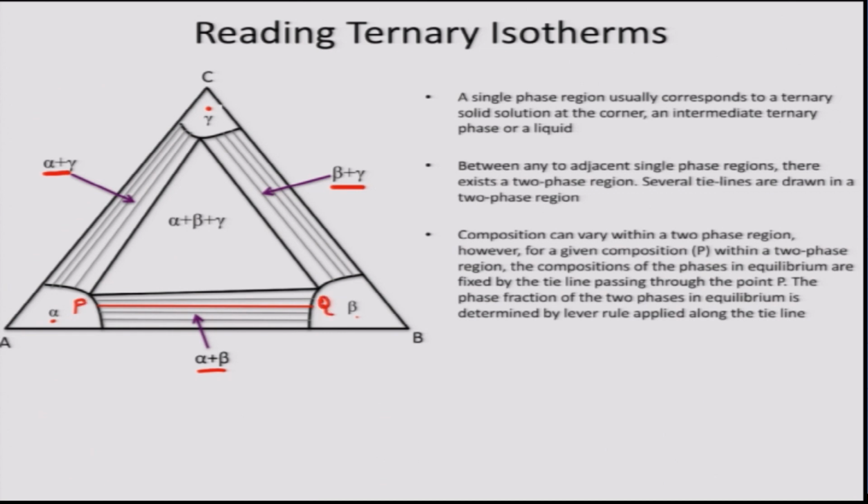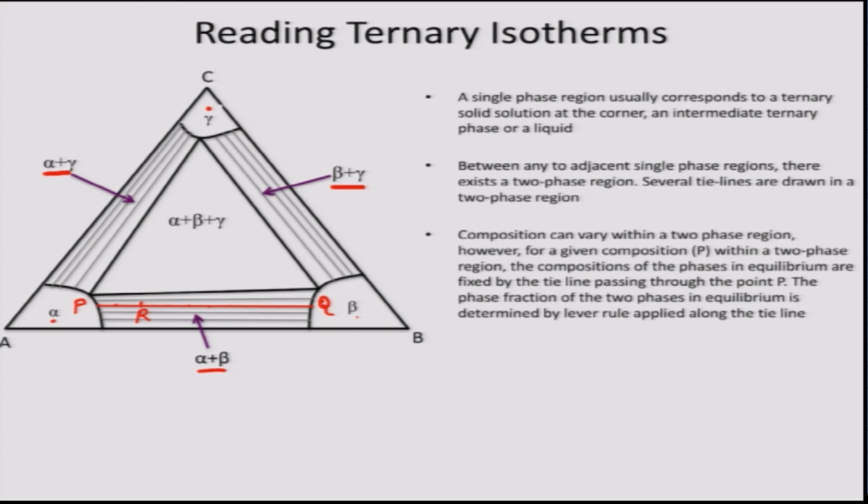If you select any composition, let us say R here, along this tie line, at this temperature the alloy R exists in two stable phases. Alloy R exists as a two phase mixture, one phase alpha with composition P and the other phase beta with composition Q. If I change the alloy composition anywhere along this tie line, the phase compositions remain the same.